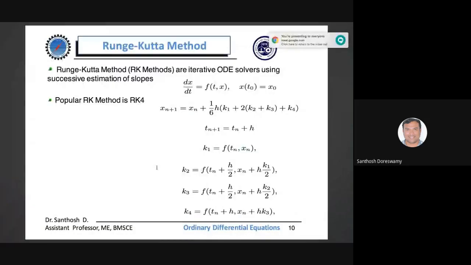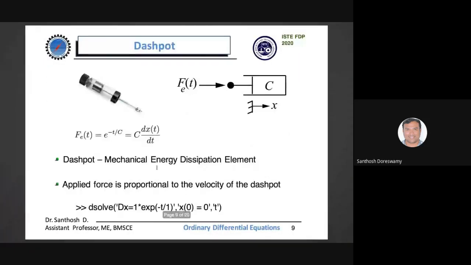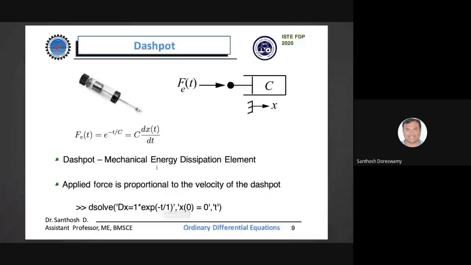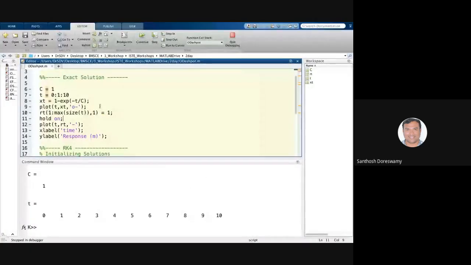So what we'll try to do is solve the first order differential equation of a dashpot using your RK4 method. For that, I'll give you the code.